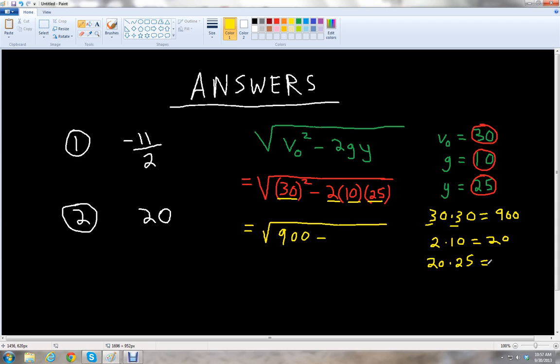Let's see what that gives us. So we're going to do 25 times 2 first, and then we can add a 0 at the end to get 20 times 25. So we have 5 times 2 is 10. Carry the 1. 2 times 2 is 4, plus 1 is 5. So that's 50. So 20 times 25 must be 500.